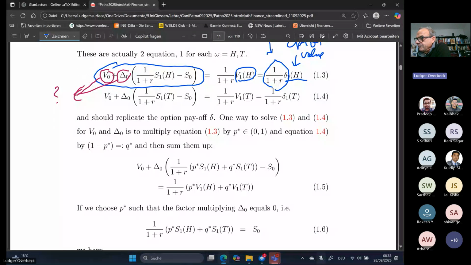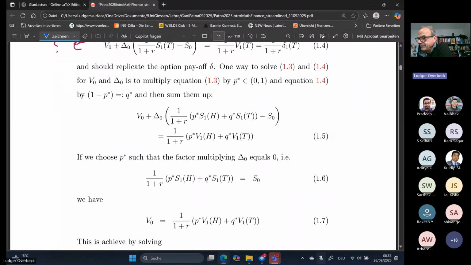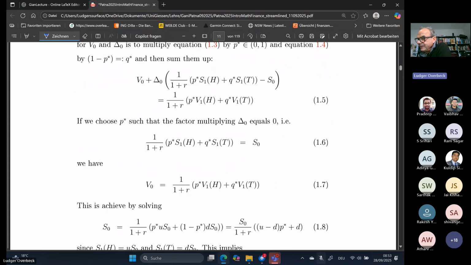And we solve this equation just by this trick with P star, and we get out the same. Here we get immediately that the starting value of your portfolio is also the discounted value under the probability P star.